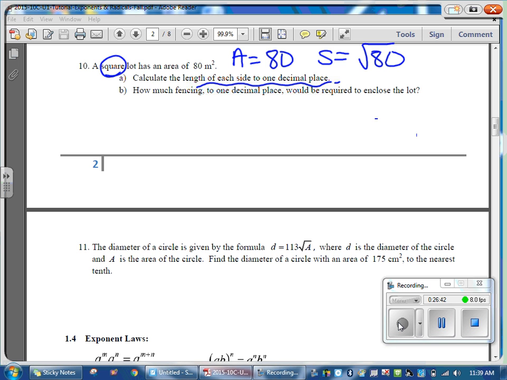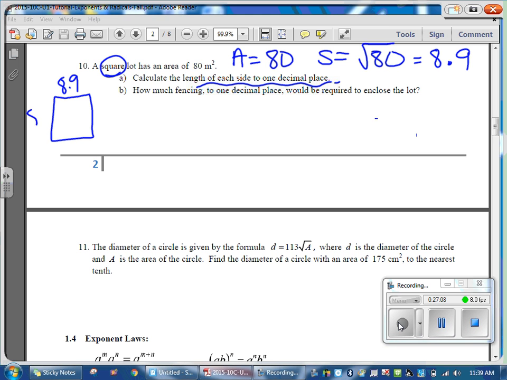It says, how much fencing would be required to enclose the lot? Well, if it's a square, that means all sides are the same. It's asking for the perimeter. So here's my square, and if you have to draw yourself a diagram, it's a good idea to do that. You've got 8.9 all around because they're all the same size. So part B is actually asking for perimeter.